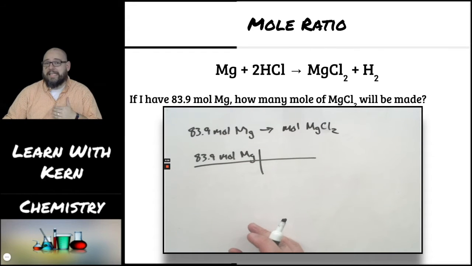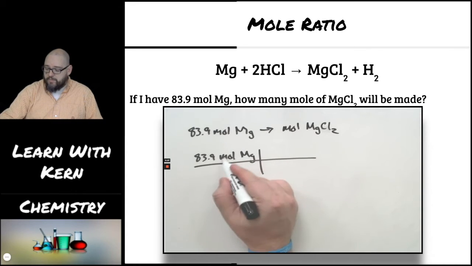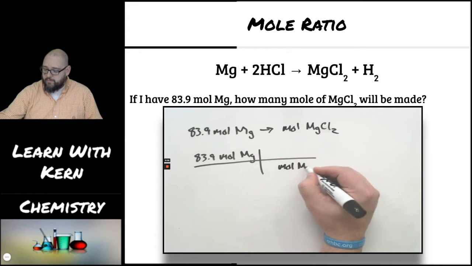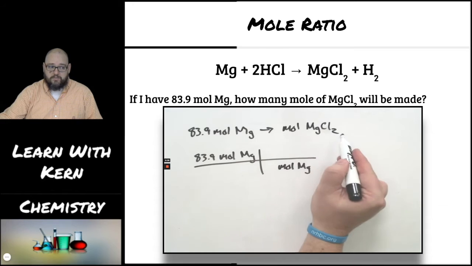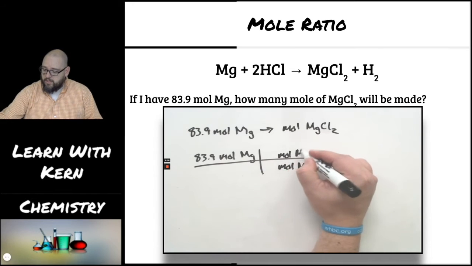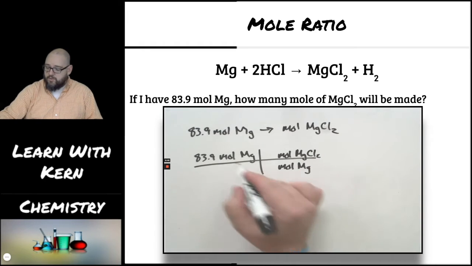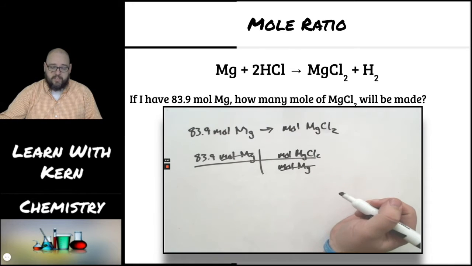Well, it's already in moles, so I don't have to do that. So then I need to set up my mole ratio. Well, if I have moles of magnesium on the top, I need moles of magnesium on the bottom. And I'm trying to find moles of magnesium chloride, so I'm going to put moles of magnesium chloride on the top. And so the moles of magnesium cancel, and I have changed my substance to moles of magnesium chloride.